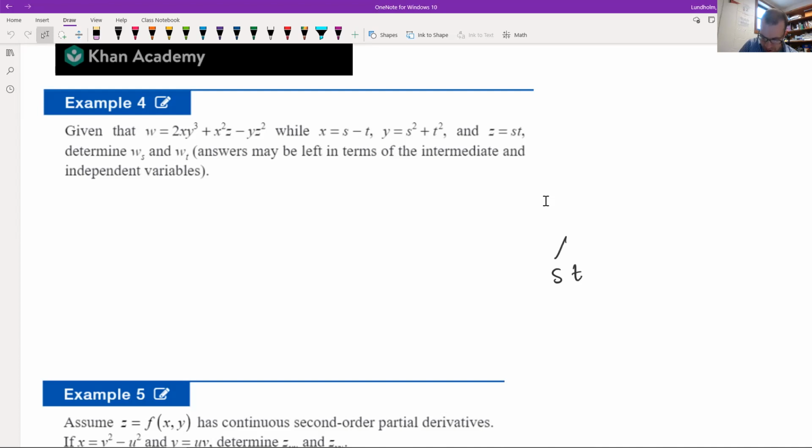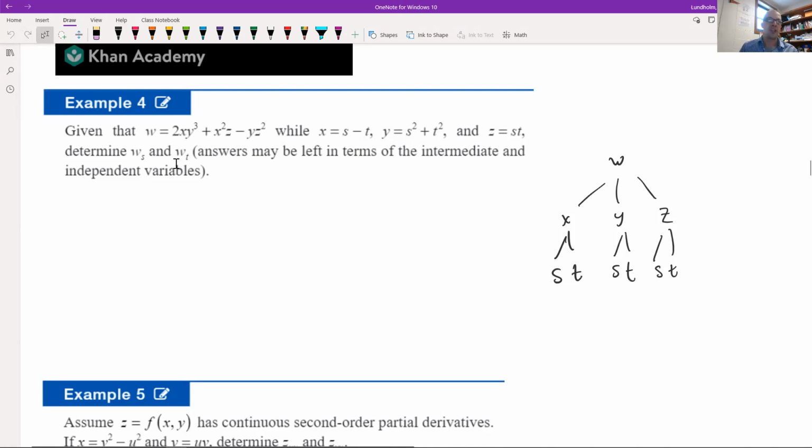S and t are going to go into a function called x, and s and t are going to go into a function called y, and s and t are going to go into a function called z. And then x, y, and z are all going to go into a function called w. That's the hierarchy here.